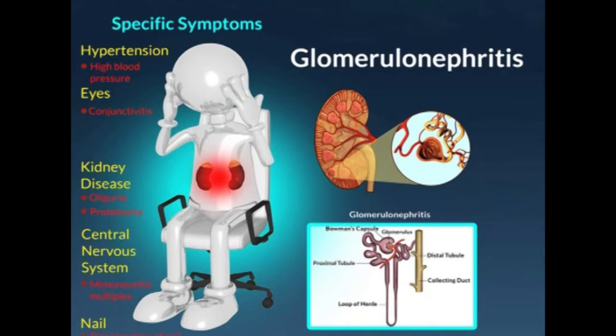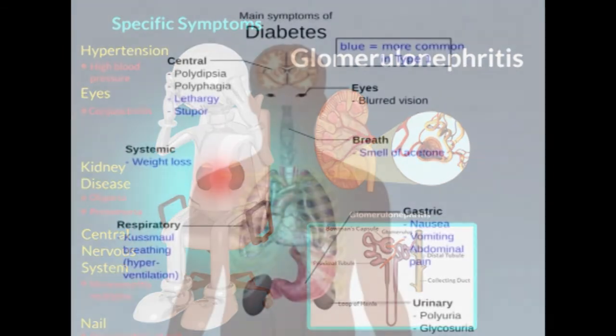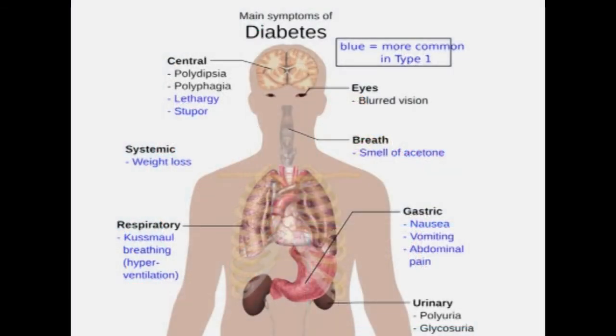Then if we look into the treatment of glomerulonephritis, first, it depends upon whether the disease is acute or chronic. Then we also need to know the underlying cause of the disease. For example, if the patient is diabetic, the diabetes has to be controlled and the line of treatment will be different. Then the type and severity of the signs and symptoms.